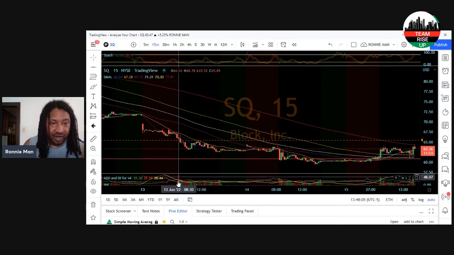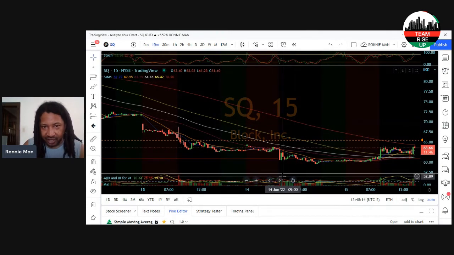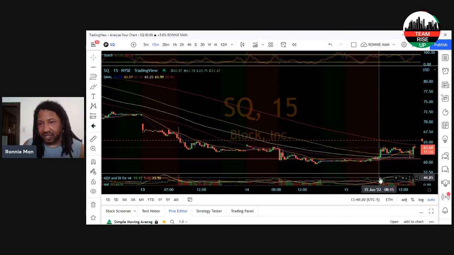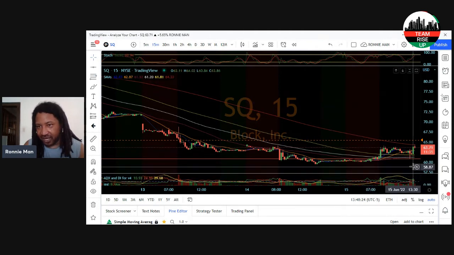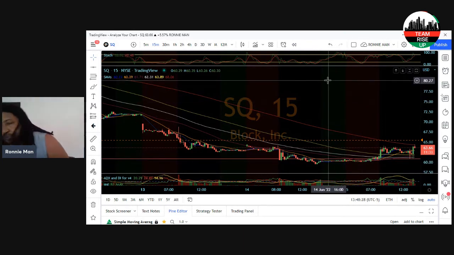See that volume spike, taper off, and then we get some more towards the end. Same thing right here: spike, taper off, spike. Same thing here: spike, taper off, spike. Right now this candle here was hella volume, right?